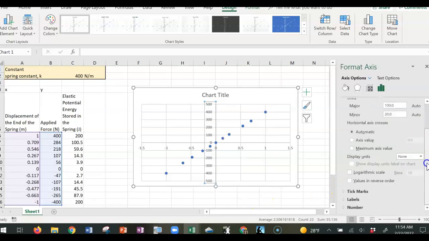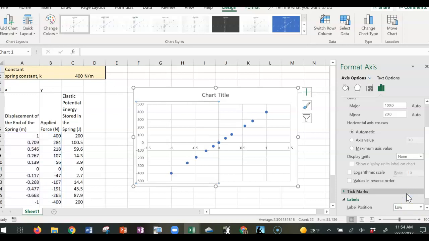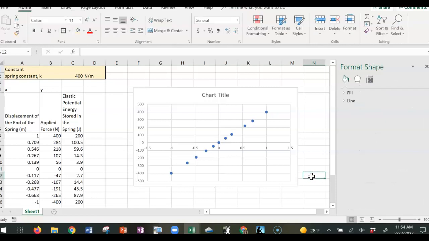And then down toward the bottom here, there's a drop down for labels. I'll open that, and I can tell it where I want it to put the position of those labels. The default is that it puts the axis labels right next to the axis, but if I choose low, let's see if I can get up there. If I choose low, it will move them all the way to the left. And that just makes it more legible. I can read it better.